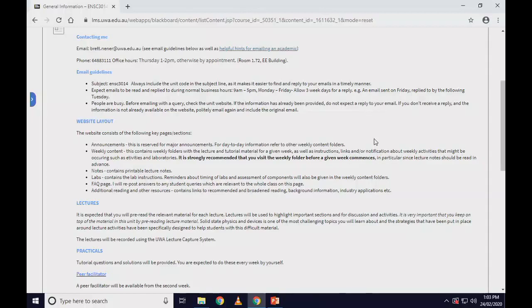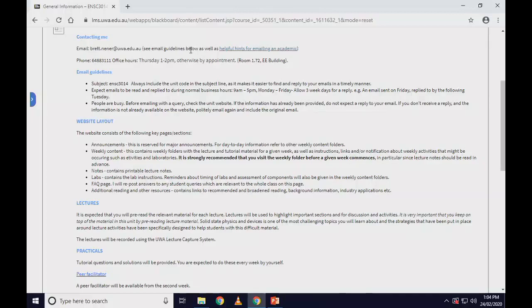So he's sort of free. It's probably more comfortable for you to talk to him than me, perhaps. That's why we have what's called a peer facilitator. But you can contact me, and my contact details are given here. I'm in the building behind this building, on the first floor. The consulting hour is Thursday 1 to 2. Feel free to come and see me.